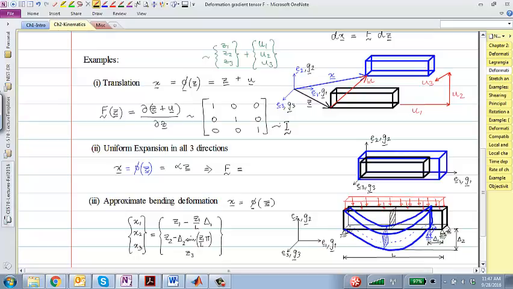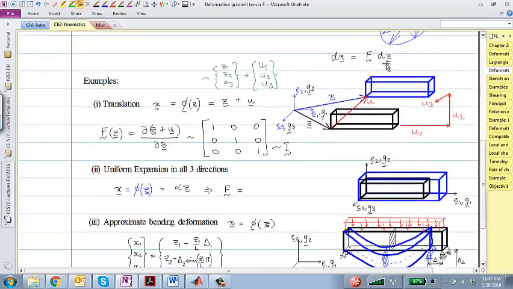How can we interpret this fact that for a translation map, the deformation gradient that we got was an identity tensor? What is the physical meaning of this? It's not being deformed, because you see this interpretation of F that we came up with: deformed tangent vectors are equal to F times undeformed tangent vectors.